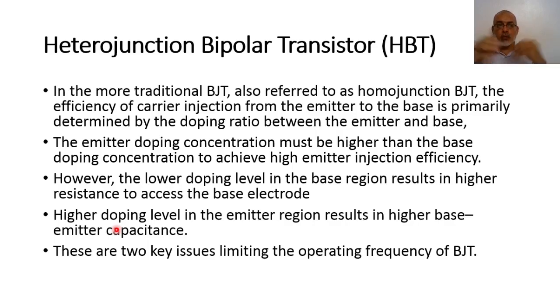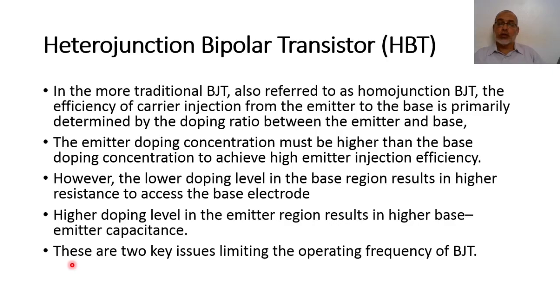And this high emitter-base capacitance will reduce the cutoff frequency, in other words, will reduce the maximum frequency at which this transistor can be used. So there are two key issues limiting the operating frequency of the bipolar junction transistor. The doping of the emitter must be high, and at the same time there must be no current flow from the base to the emitter.